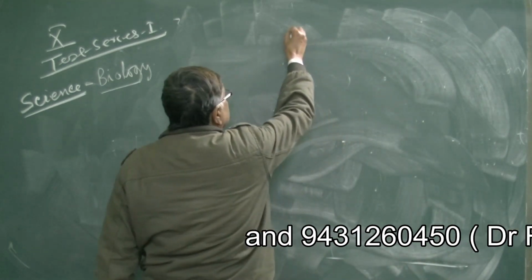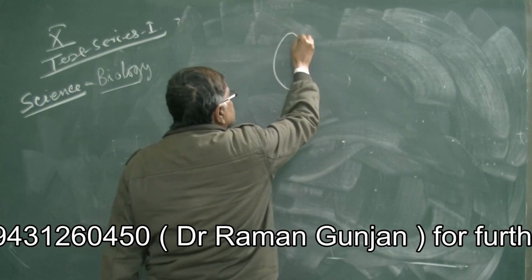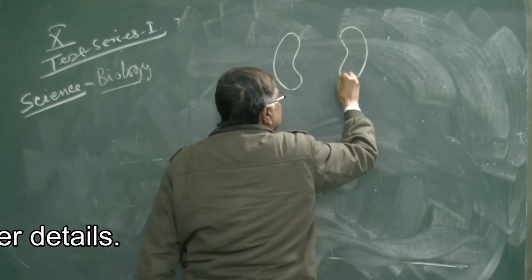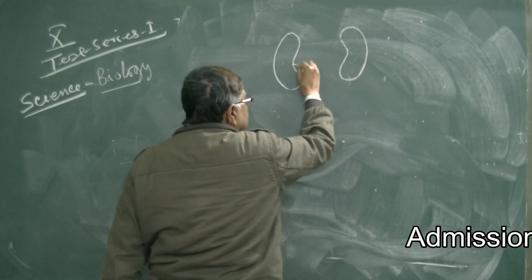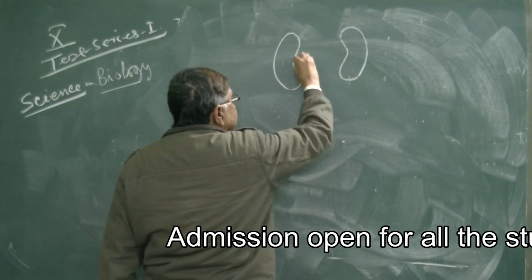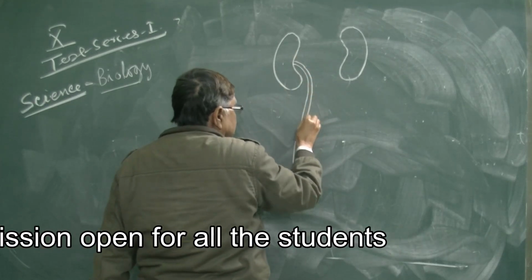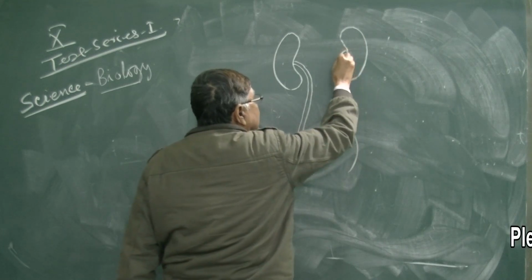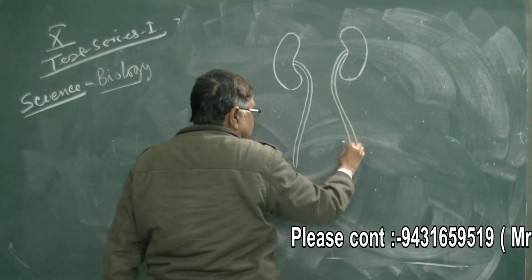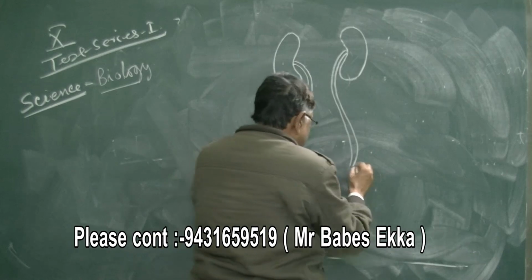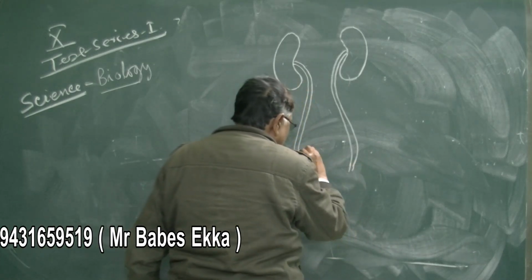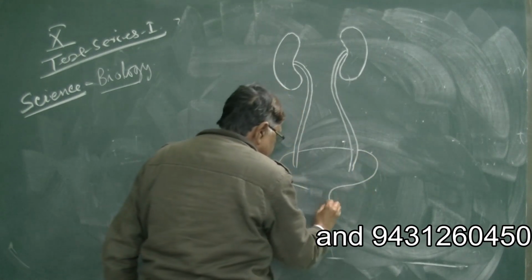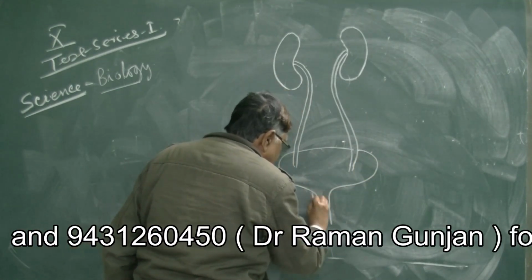Suppose it is kidney. From here it is ureter, and it is urinary bladder, urethra, sphincter muscle.